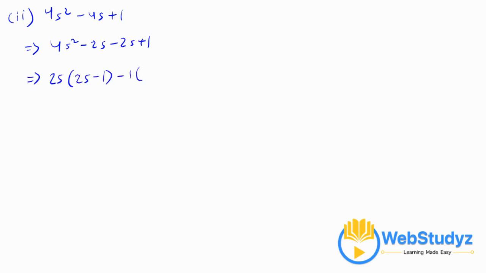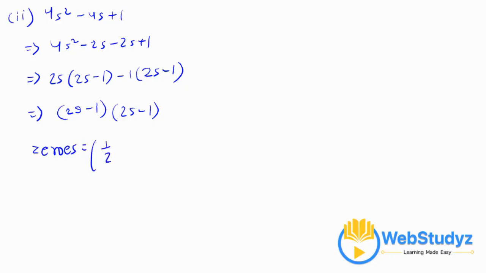If we take minus 1 common, inside we get 2s minus 1. So the factors will be 2s minus 1 and 2s minus 1. So the zeros will be 1 by 2, 1 by 2.